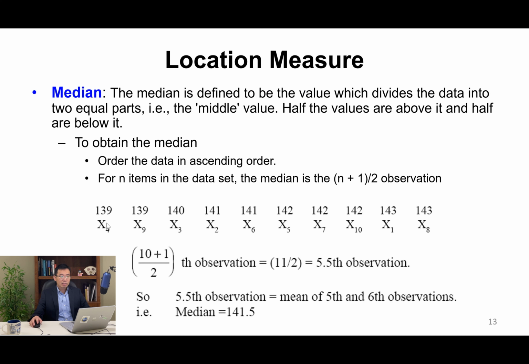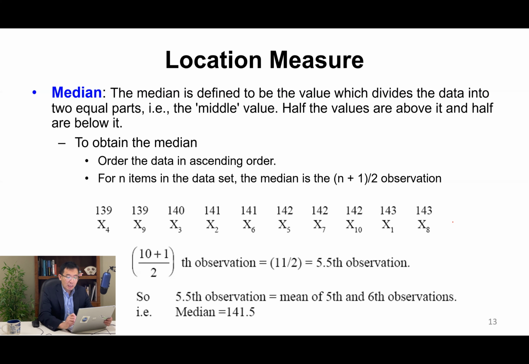We will have x4 is the smallest, x9 is 139, x8, 143 is the largest. Here, the middle is actually right between x6 and x5. So in this case, we take the average of these two, so it will become 141.5.